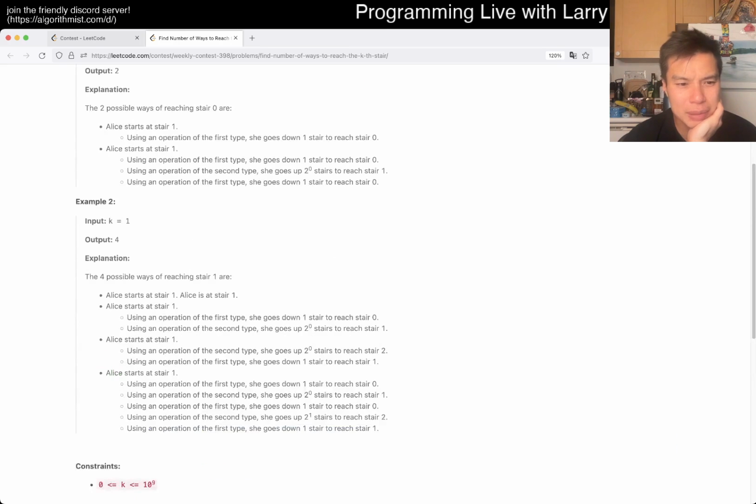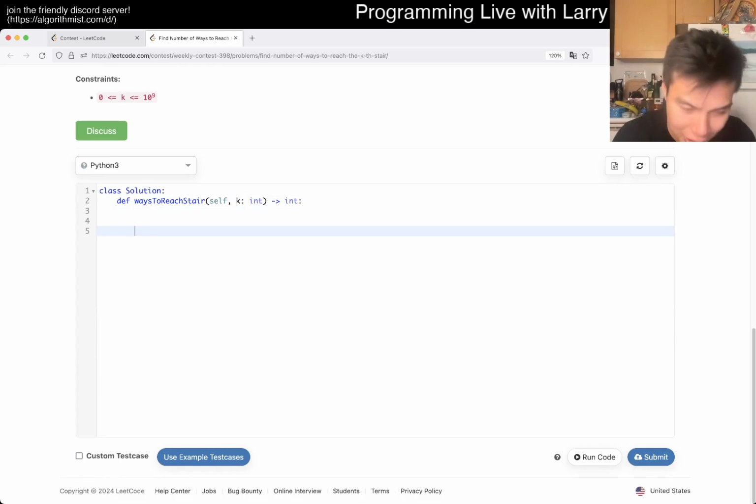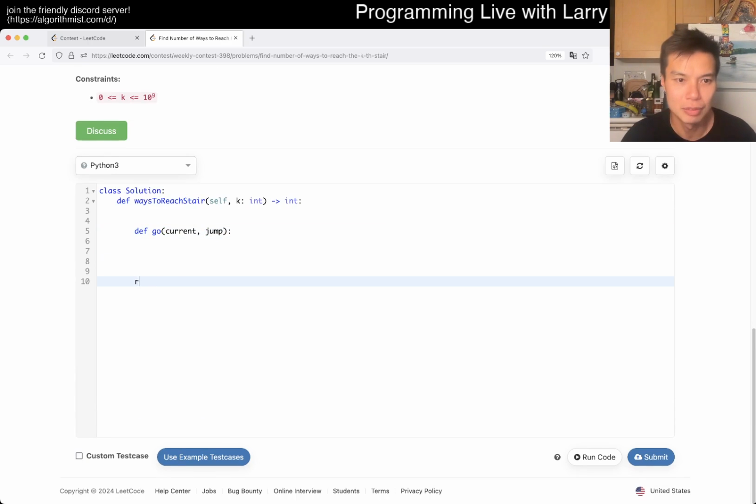And if jump is greater than k, which is after 30 jumps, then yeah. All right, let's try something dumb, and then we'll see. Current jump, right? Then we return go 1 0, and just cache it for obvious reasons.